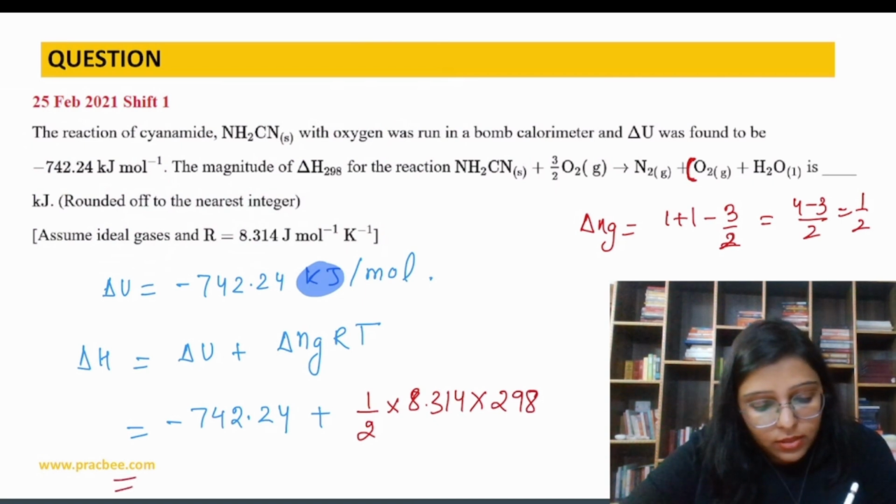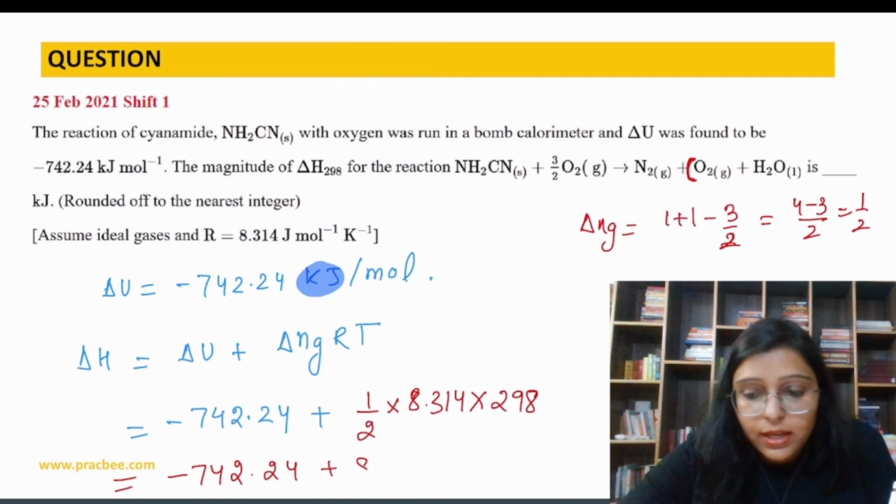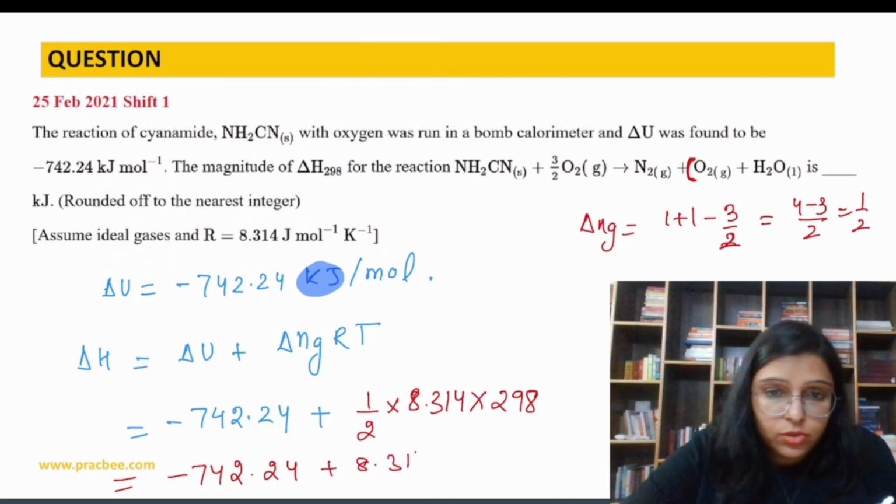So we can say minus 742.24 plus 8.314, and here 2 ones are 2, 2 fours are 8, 2 nines are 18, so 8.314 into 149.